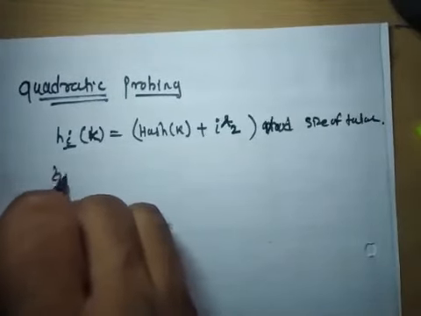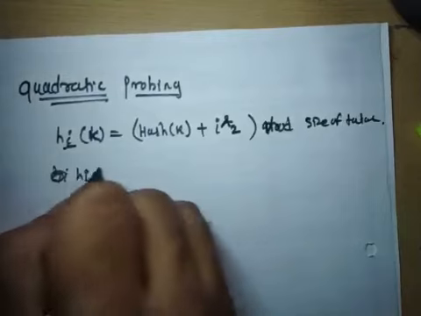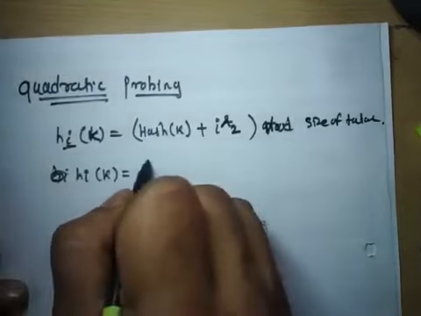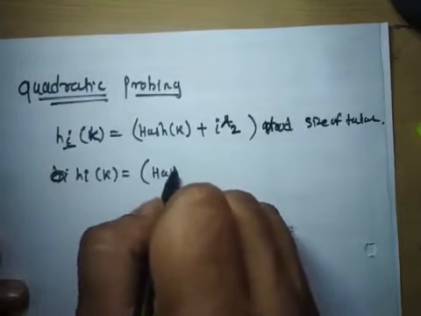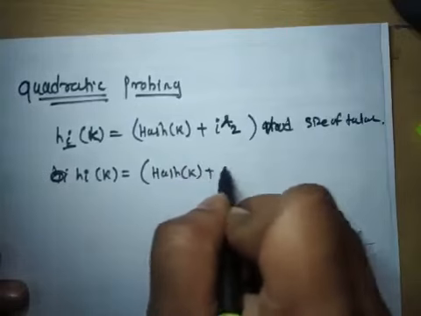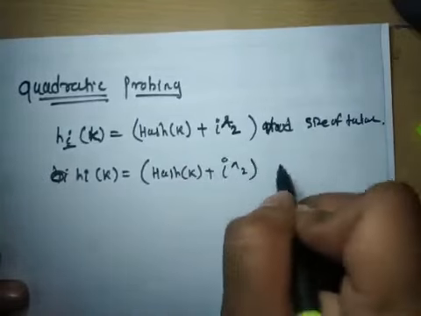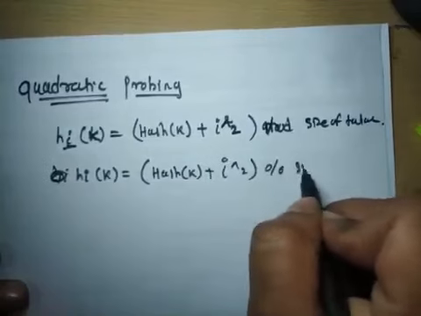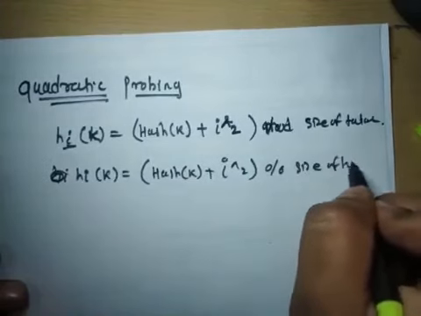So this is what I'm going to write again. h of i of k is equal to, we are going to use any simple hash function, k plus i raised to 2, mod size of table.